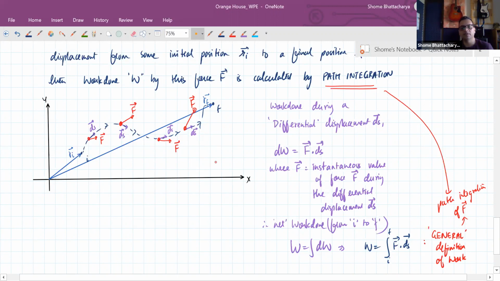So this might look very complicated in the diagram, but we'll break it into simpler cases and you'll understand easily.